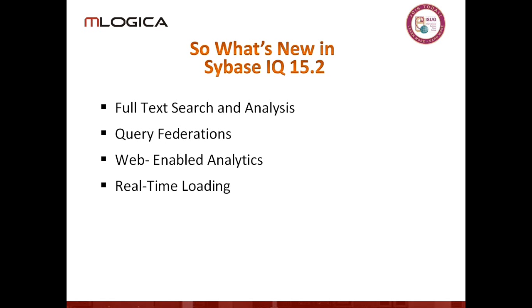This puts IQ almost pretty much on par with dedicated full text search engines, because there's so much functionality built into full text search that EDM server has stopped using Lucene as its coprocessor for text search, and now everything is done inside IQ using word index.